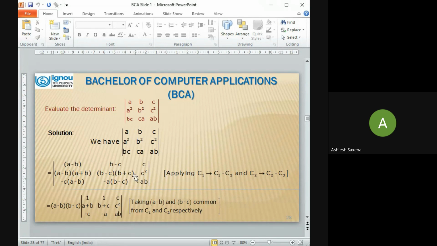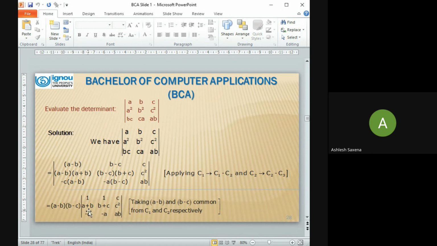Once it is done like this, we will get this part. A square minus b square is a plus b into a minus b, and b square minus c square is b minus c into b plus c. As you can see, here something is common. I will be taking this out, and I will be taking this out. I will be left with this.